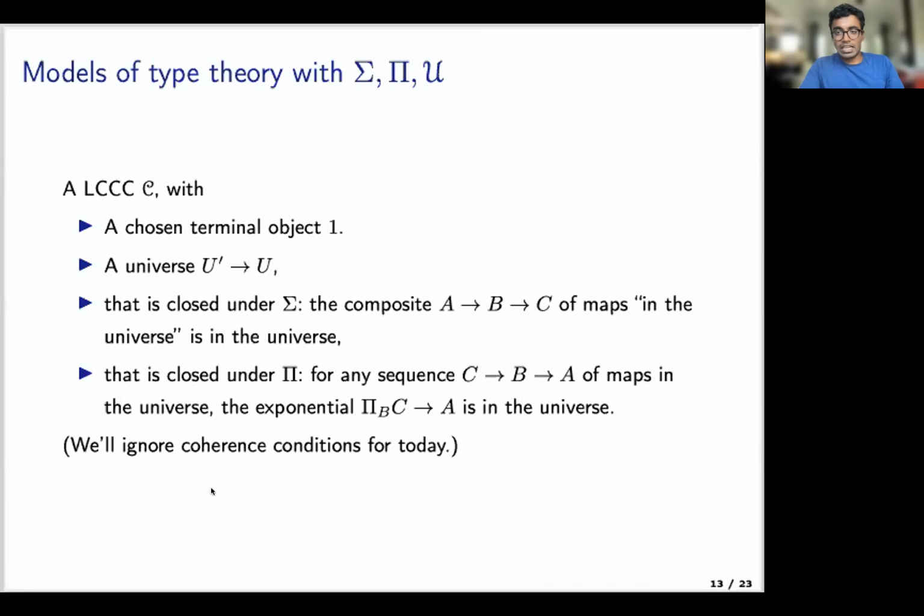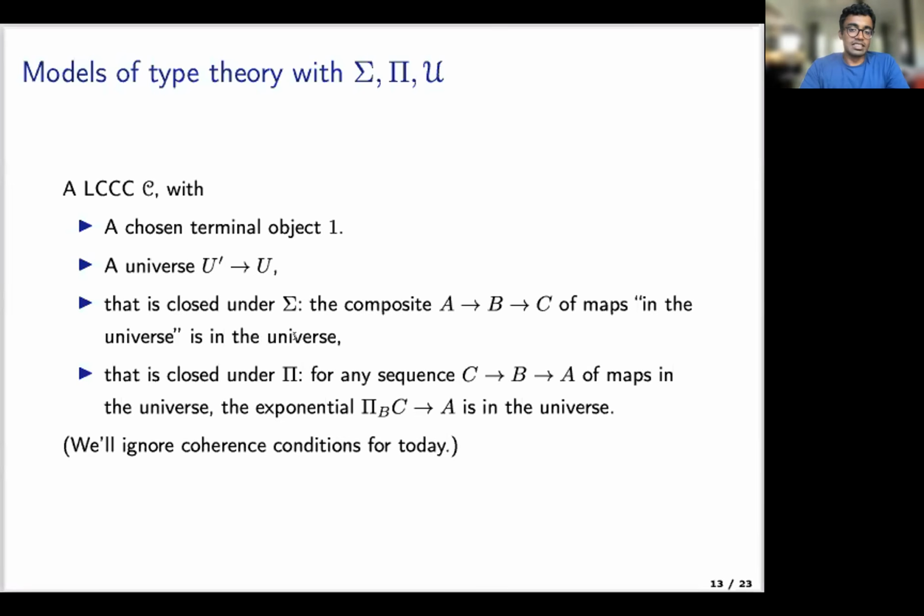I'm not going to unwind what I mean by the last two points, but this is essentially the same semantically as what you've seen with syntax, where you can define type formers using a universe rather than using inference rules. So you can define identity types using a universe and their introduction rules, and even their elimination rules using a universe.